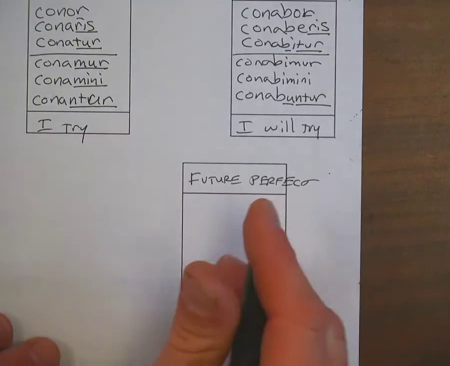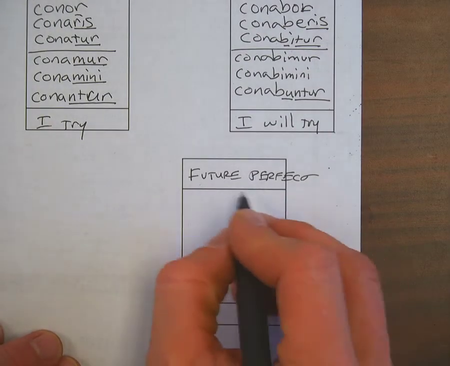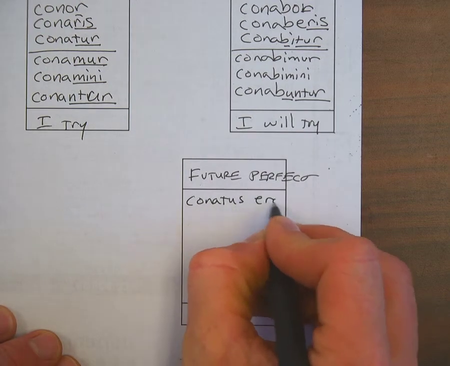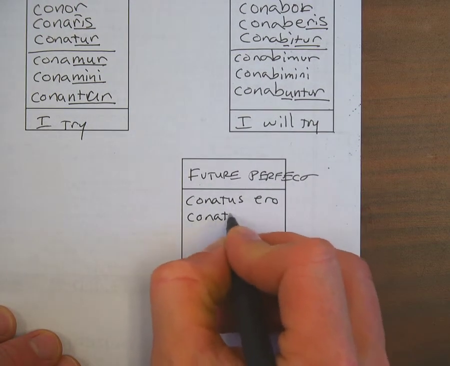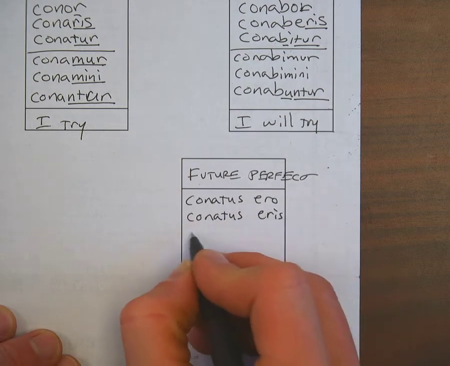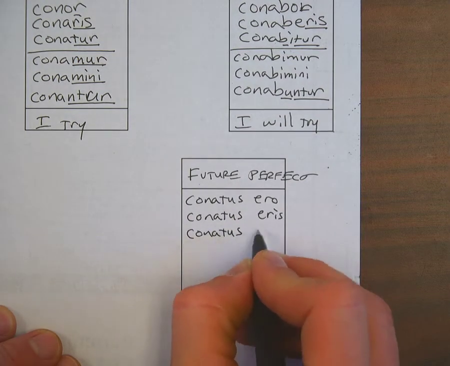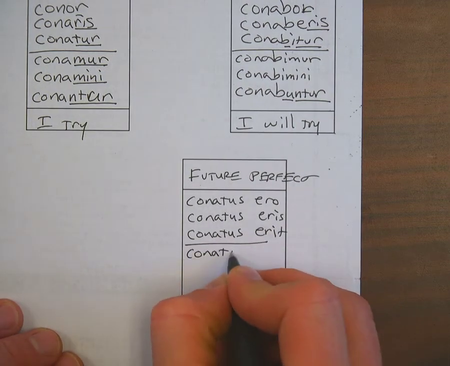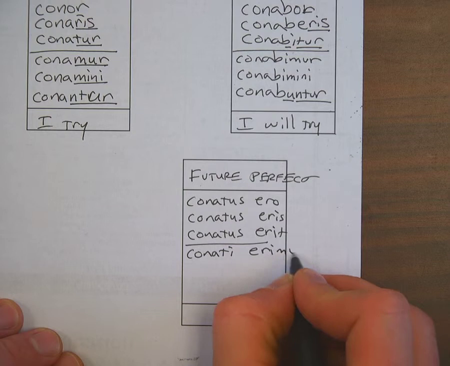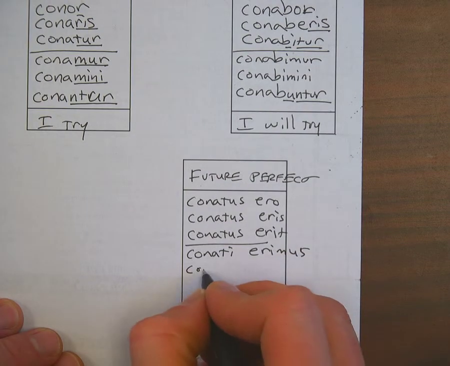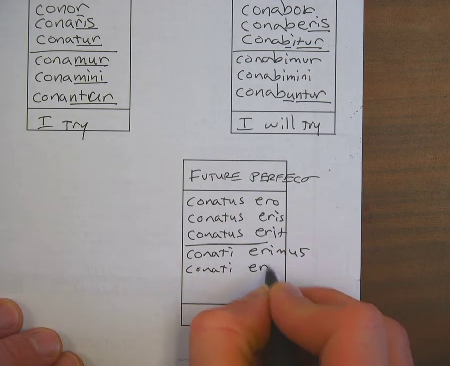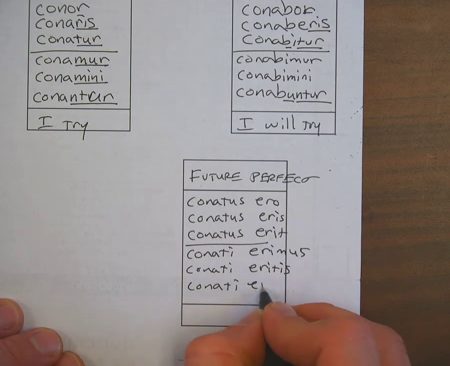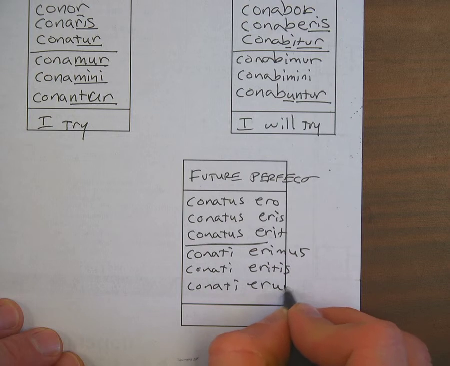Future perfect, you're going to use the same deal, but just the future of sum. So conatus ero, conatus eris, conatus erit, conati erimus, conati eritis, and conati erunt.